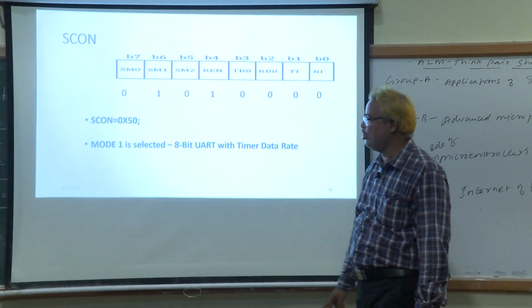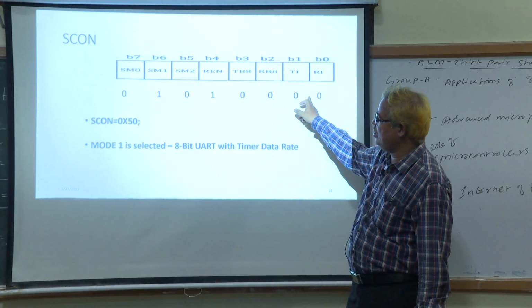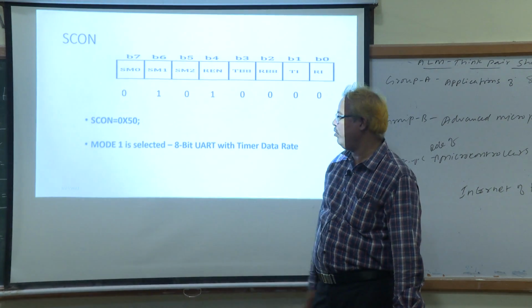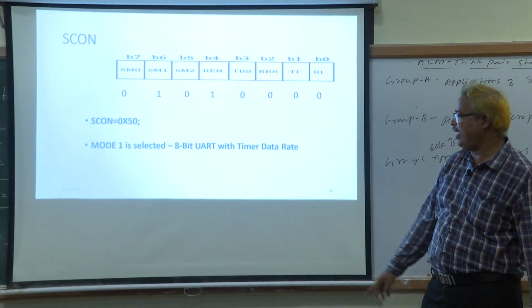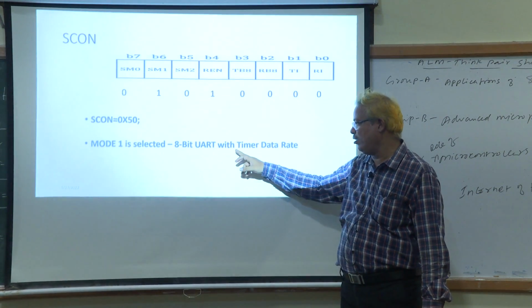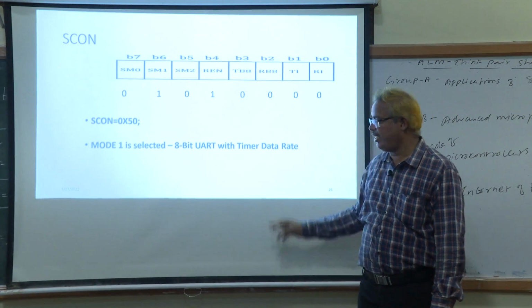So SCON is equal to 0x50 in this case. Mode 1 and receive enable. Mode 1 selected means 8-bit UART is selected here. It can be 9-bit UART or 8-bit UART with timer data rate.